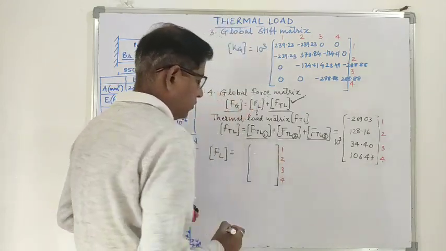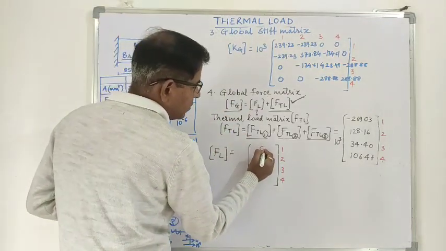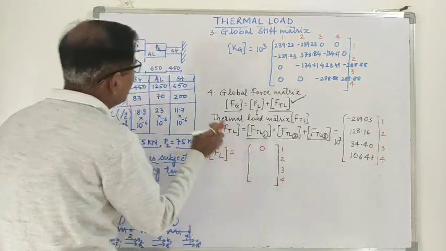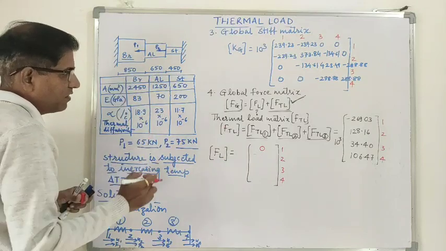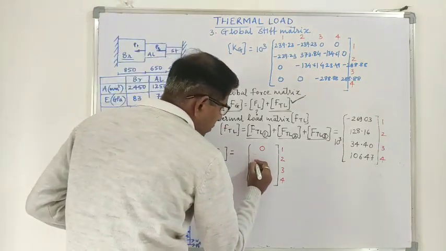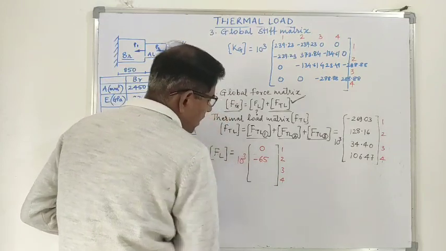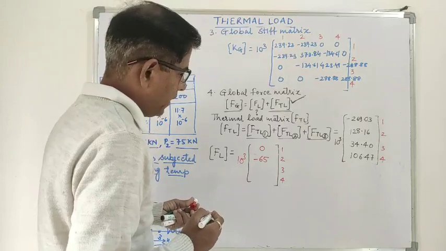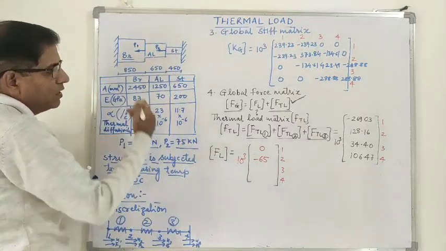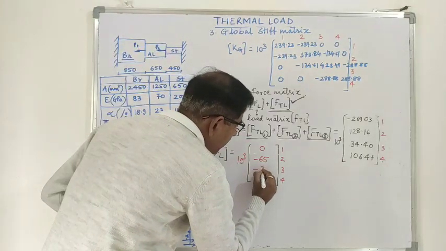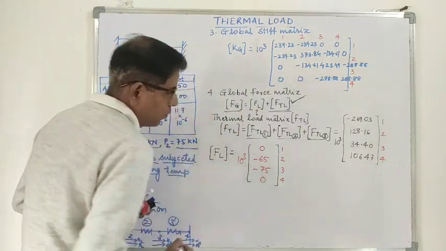At node number 1 there is no external force, so it will be 0. At node number 2, P1 is 65 kilonewton in negative direction, so it will be minus 65 kilonewton, 10 to the power 3 outside the bracket. And at node number 3 there is 75 kilonewton in negative direction, so minus 75. At node number 4 there is no force, 0.